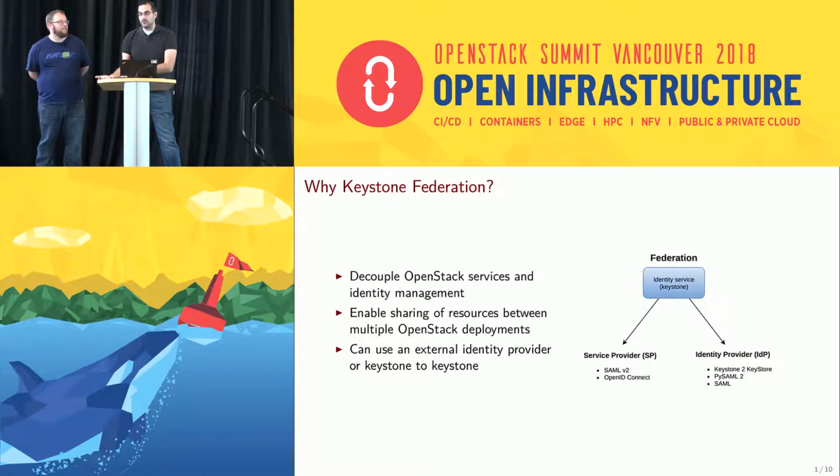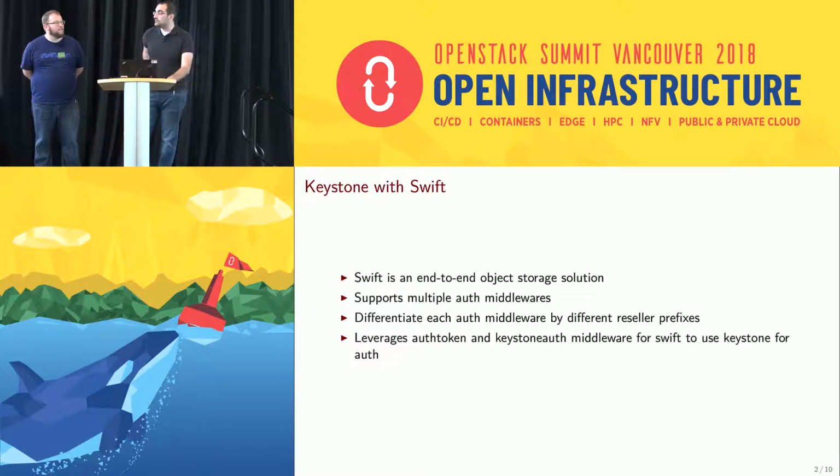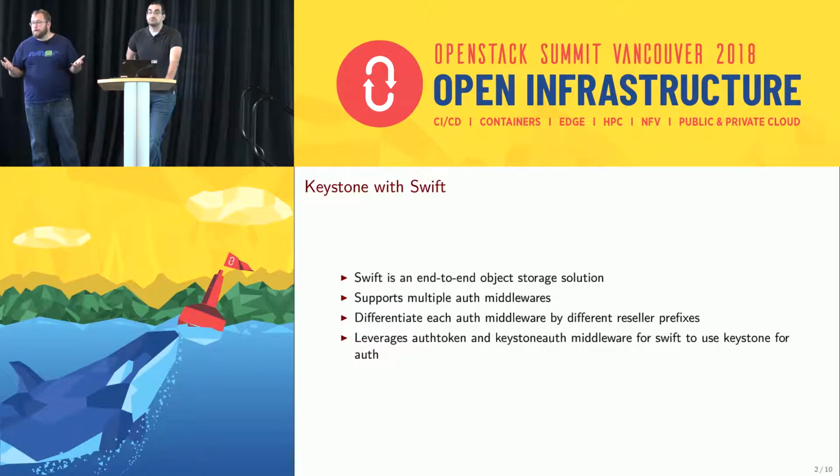But you can also use it with Swift, which has its own auth layer. But when you use Swift with Keystone, there are some additional considerations. Swift is an end-to-end object storage solution. It supports different types of authentication middleware, and Keystone's just one of them. Another advantage of Swift's design is it can have more than one authentication middleware.